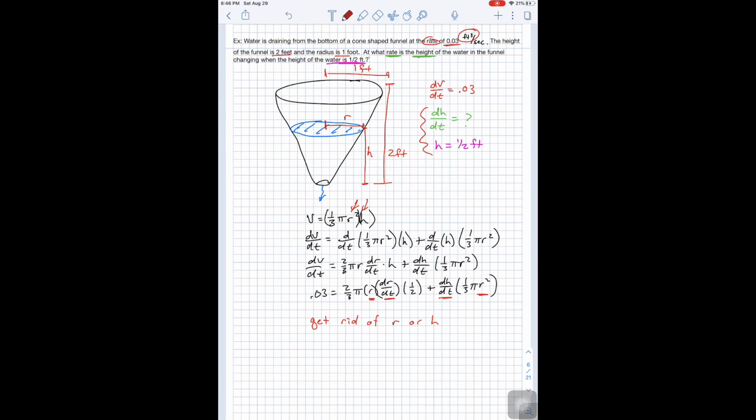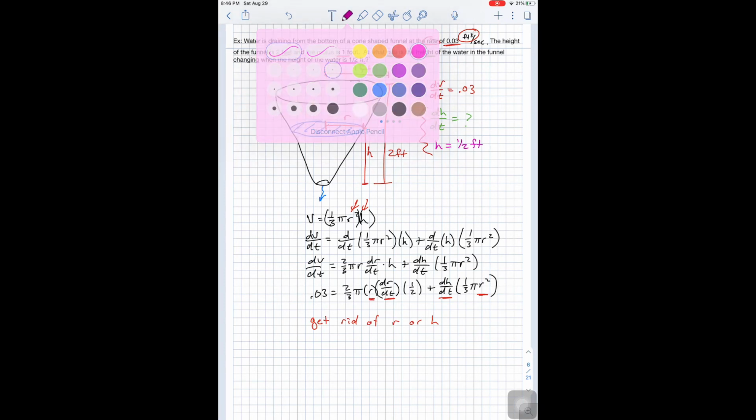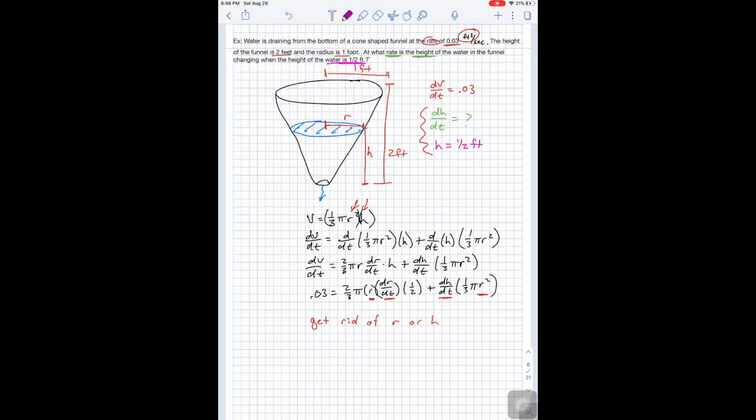That's the problem here. So I look at this picture, and this is maybe a little stretch. It's probably been a little while since you've had geometry, but welcome to calculus. We use everything here. This picture in this cone has two similar triangles, and this is a really common picture that you see in geometry.